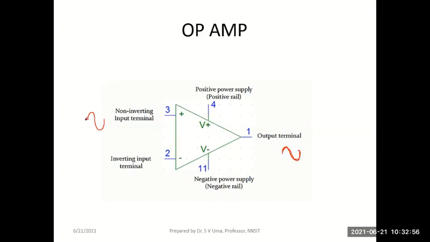So if the input is given like this, the output will be in phase whenever we give that signal to the non-inverting input by grounding the inverting. But if you give an input signal to the inverting terminal like this, you will see the corresponding output signal would be out of phase. It will be inverted. That's why we call this the inverting terminal and this the non-inverting. When output and input are in phase, it is given at the non-inverting terminal.